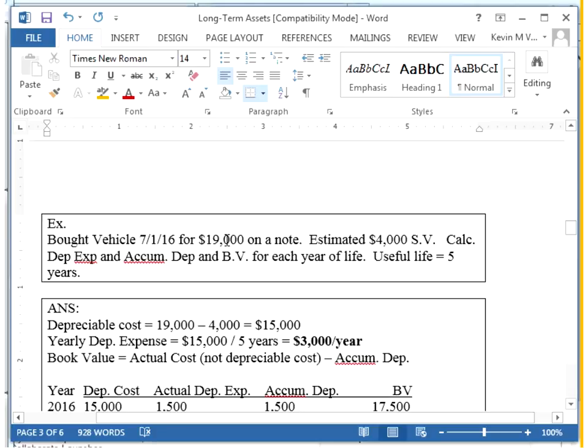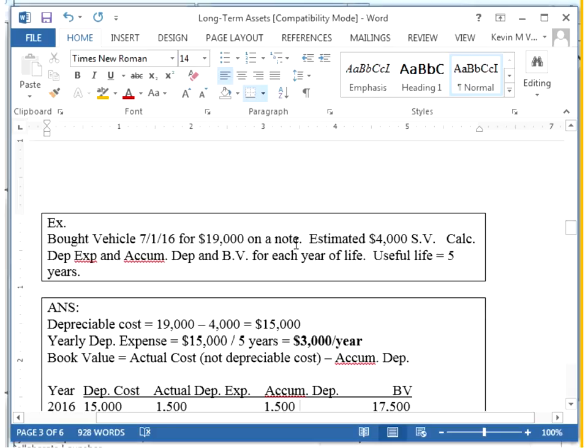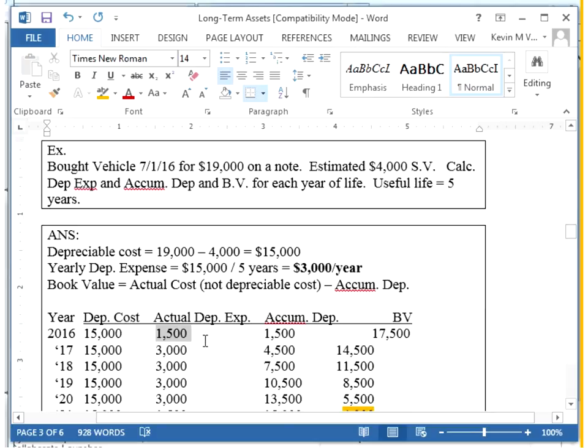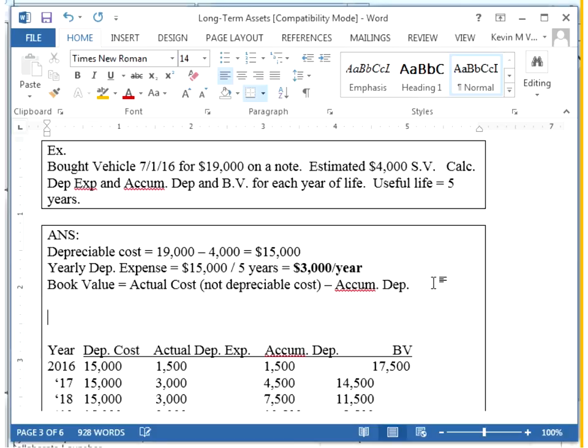So back in July, I would have debited the $19,000 to my vehicle and credited the note payable for $19,000, and now what I would have just done is, at the end of the first year, had a depreciation expense of $1,500 and an accumulated depreciation of $1,500.